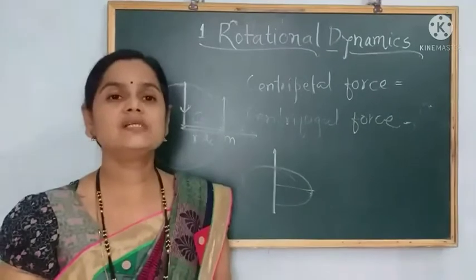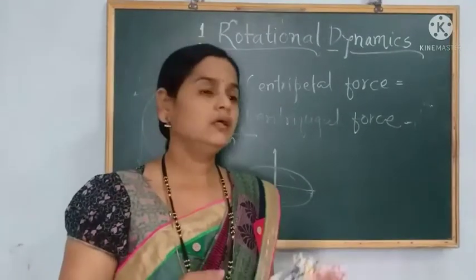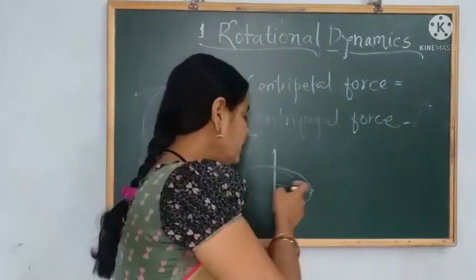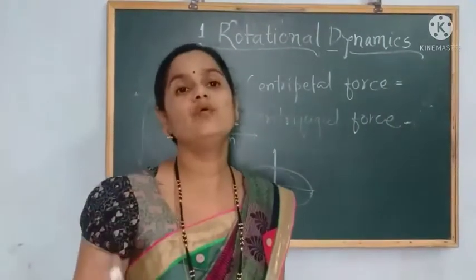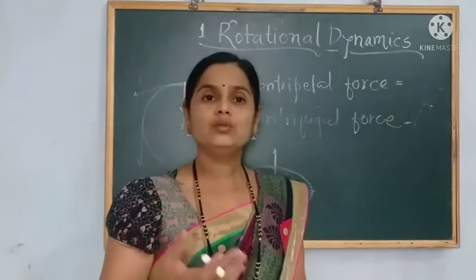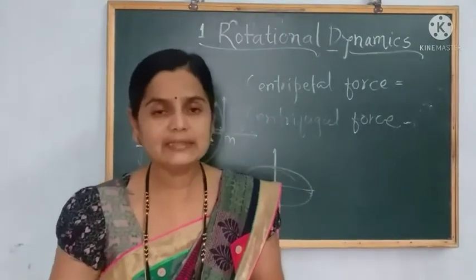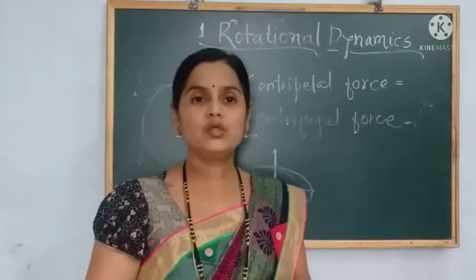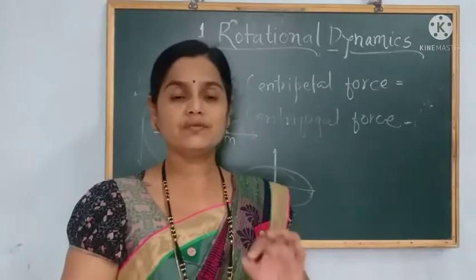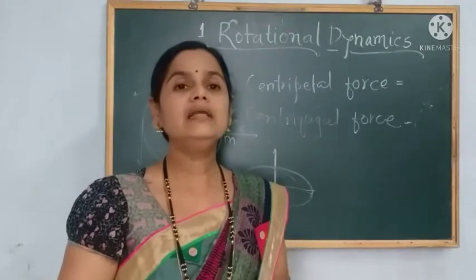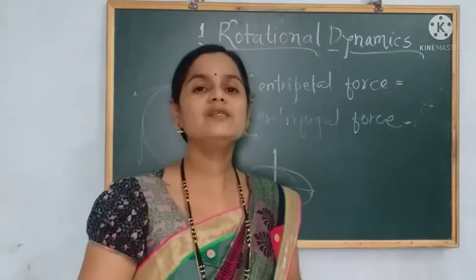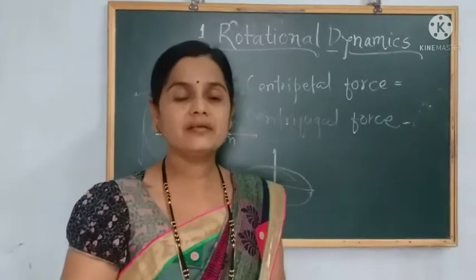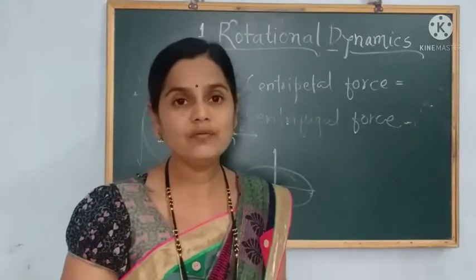The passengers sitting in these merry-go-round chairs or horses feel an outward force acting on them. So is there any force like this? Is it a real force? According to Newton's first law, unless an external unbalanced force acts on a body, the body will not change its state, either of rest or of uniform motion.